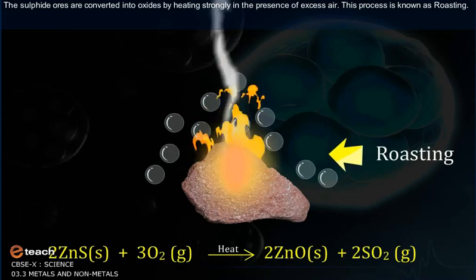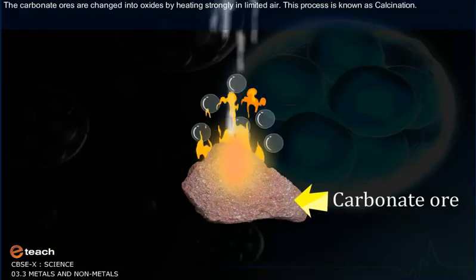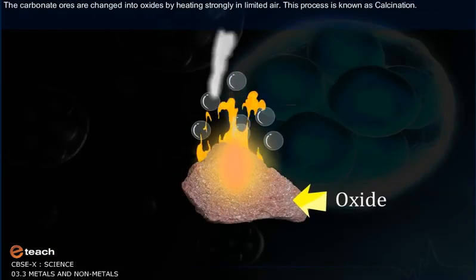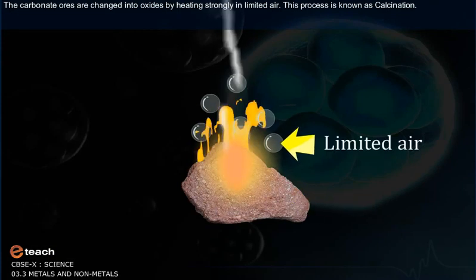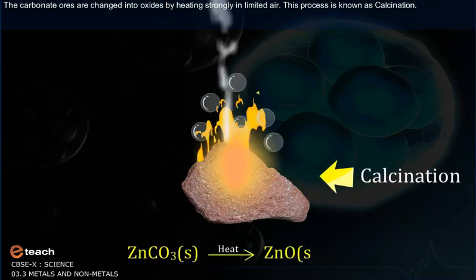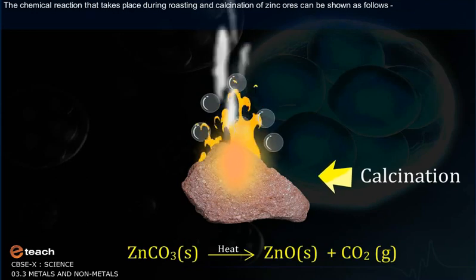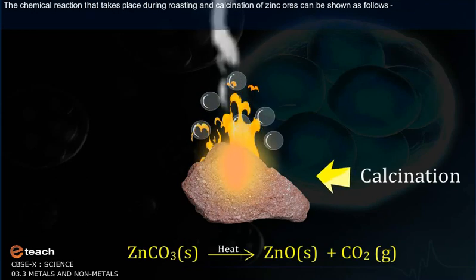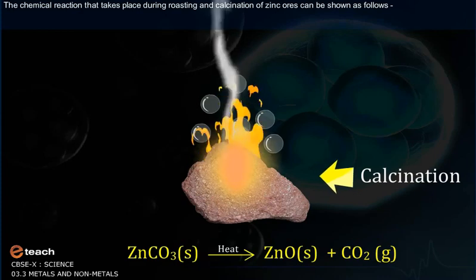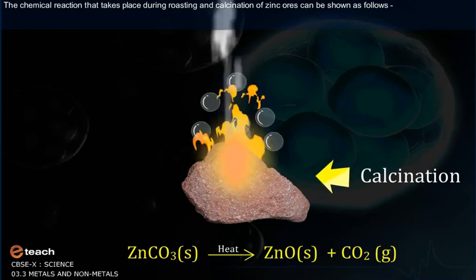This process is known as roasting. The carbonate ores are changed into oxides by heating strongly in limited air. This process is known as calcination. The chemical reactions that take place during roasting and calcination of zinc ores can be shown as follows.